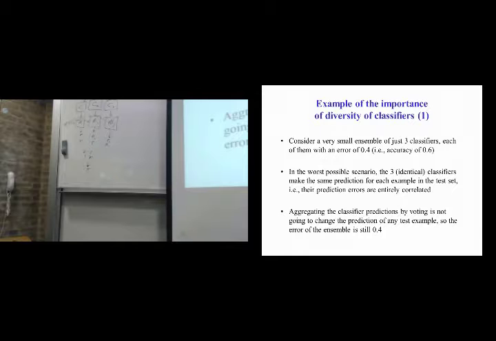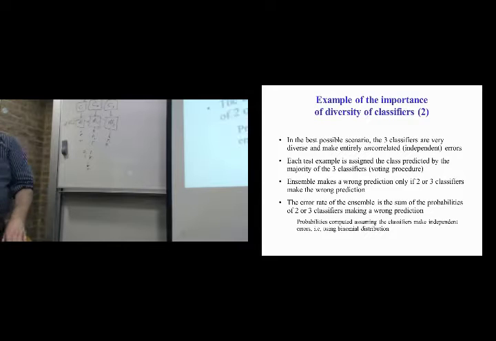But if we put them together, and the different classifiers, the different models that have been produced are uncorrelated with each other, then we might be able to improve the accuracy. And so we looked at this example last time.